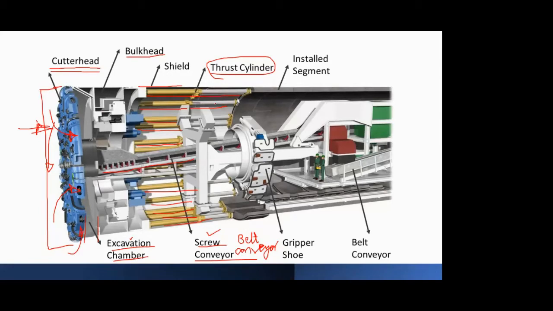Your TBM is pushed, just like, I have given this example before also, whatever jack you have in your car to use as a temporary support during repair works or changing the tire of your vehicle. That jack just lifts your vehicle upwards. So if I place the same jack in the horizontal direction and start applying pressure on it, then it will push things.